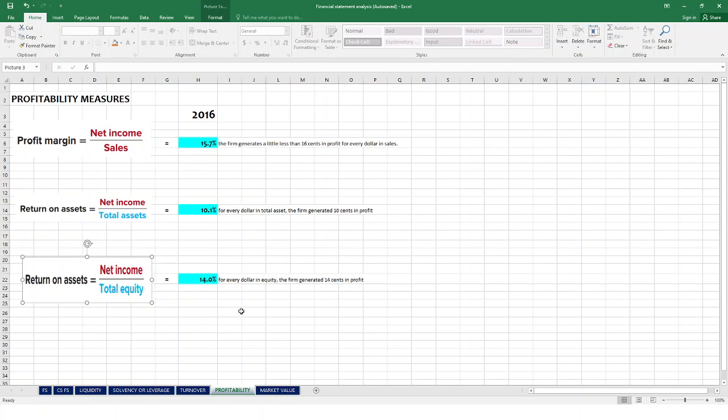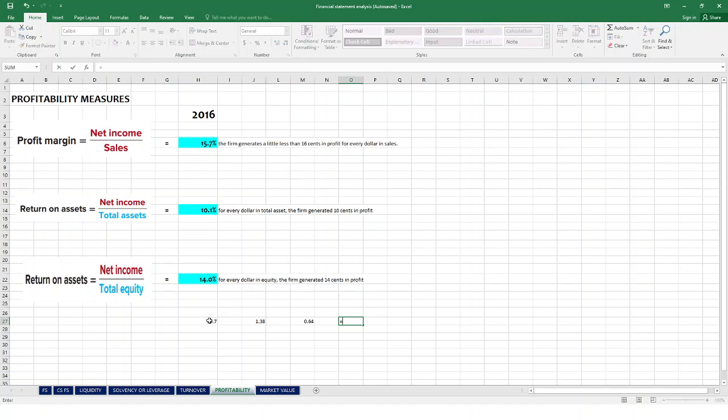So let's see. That means if we have 15.7, we have 1.38, we have 0.64, let's multiply and see.